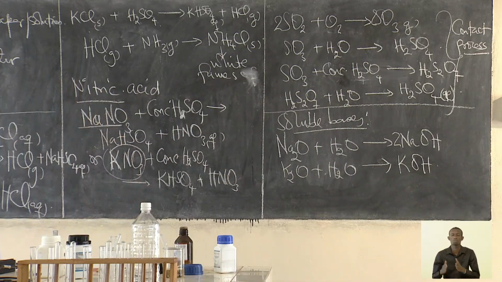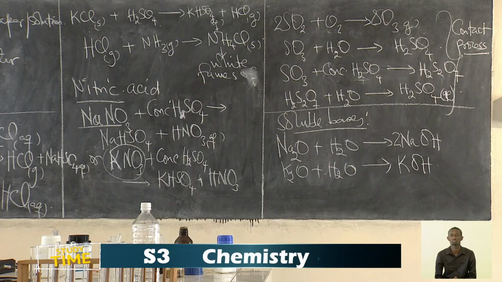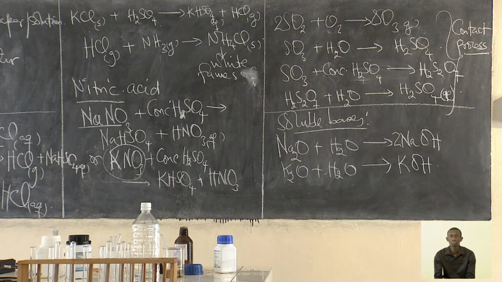Or you may have some other methods where metals react with water. I hope this was just a review. So looking at the other methods of preparing these bases, you have either metals, sodium reacting with water.